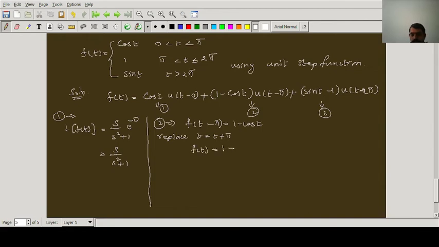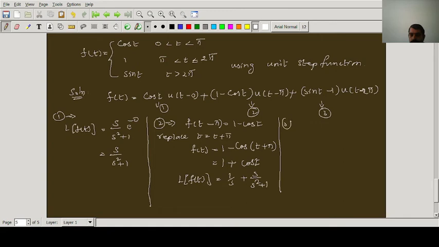On the right-hand side, 1 minus cos of t becomes t plus pi. What is cos of pi plus t? In the third quadrant cos is negative and the ratio remains the same. So we get 1 plus cos t. Here the Laplace of f of t is nothing but 1 by s plus s by s square plus 1. This is the second one.